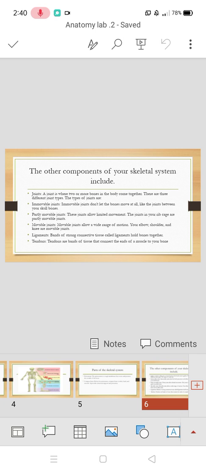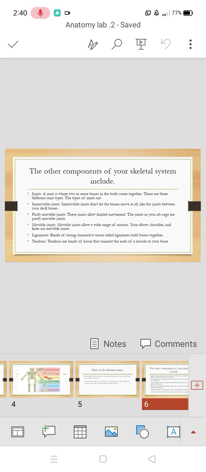The other components of your skeletal system include the joint. A joint is where two or more bones in our body come together. There are three different joint types. A fixed joint doesn't let bones move at all, like the joints between your skull bones.